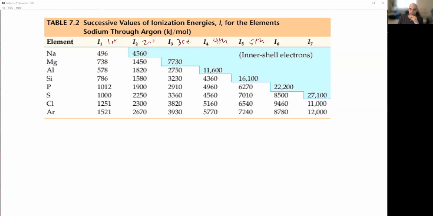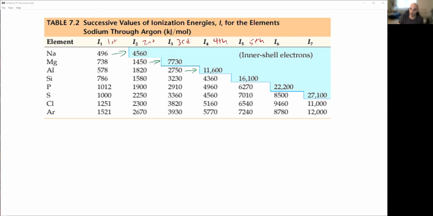What we do notice is these pretty massive jumps. That makes sense because once I remove the first electron from sodium, now I'm in a noble gas electron configuration. So getting rid of that electron from the noble gas makes it significantly harder.